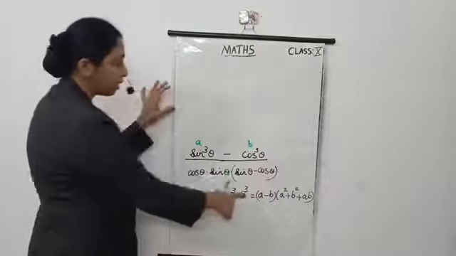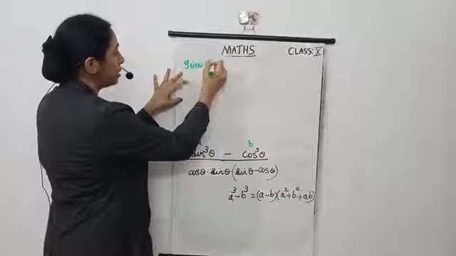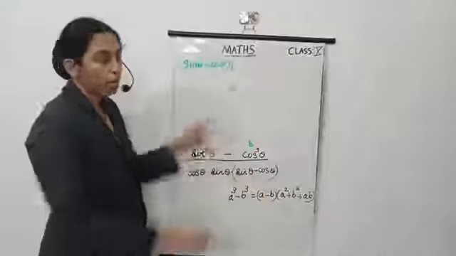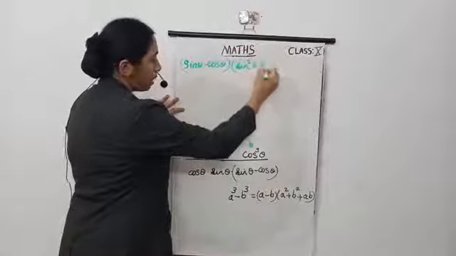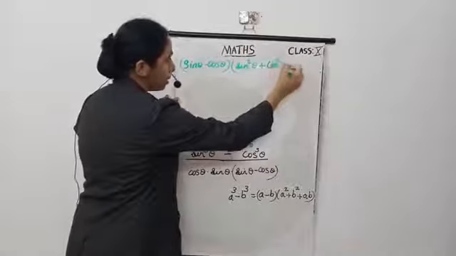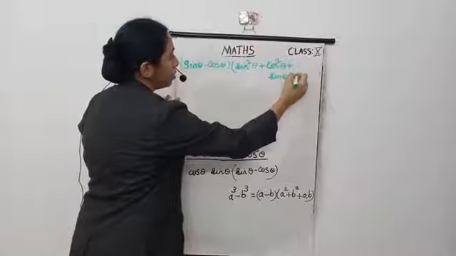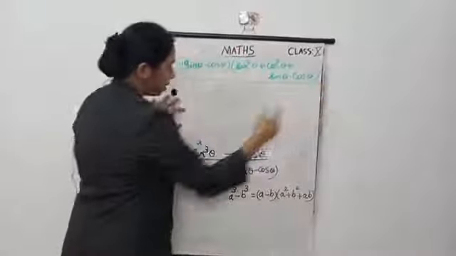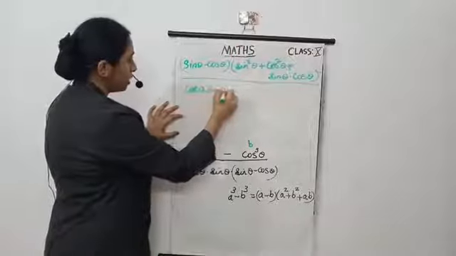So a minus b means sin theta minus cos theta, into a square is sin square theta, then plus b square is cos square theta, plus ab means sin theta into cos theta, all divided by cos theta into sin theta minus cos theta.